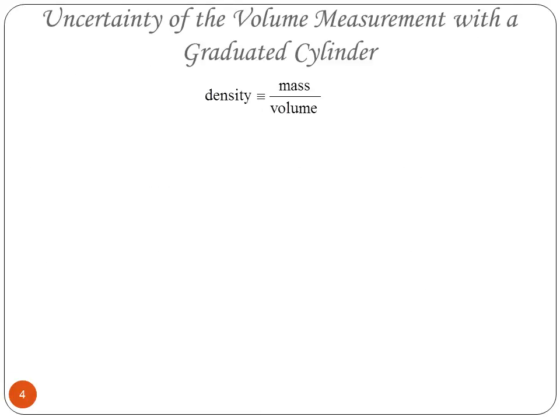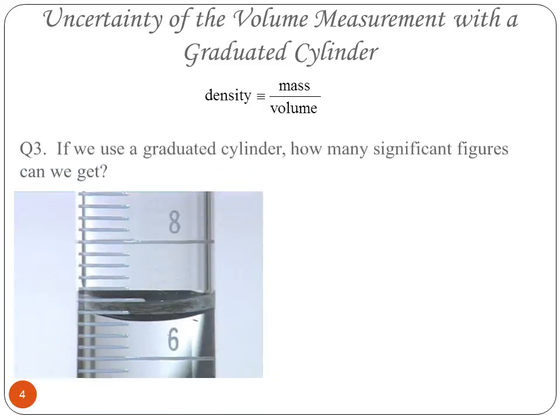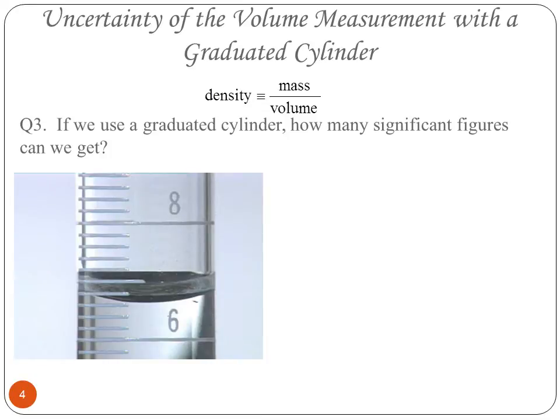The most common device in a chemical laboratory to measure volume is a graduated cylinder. Here shows a graduated cylinder with some liquid in it. Can you read out the volume of the liquid?